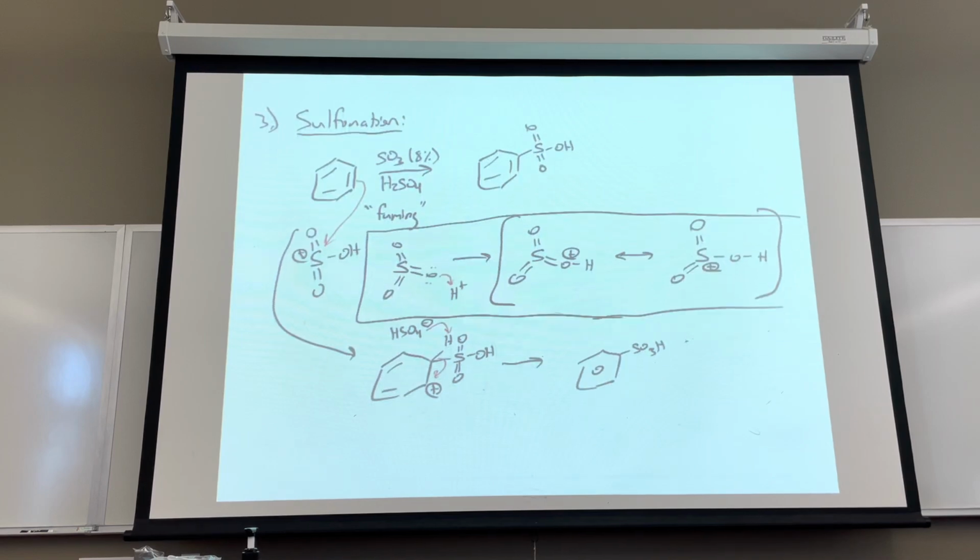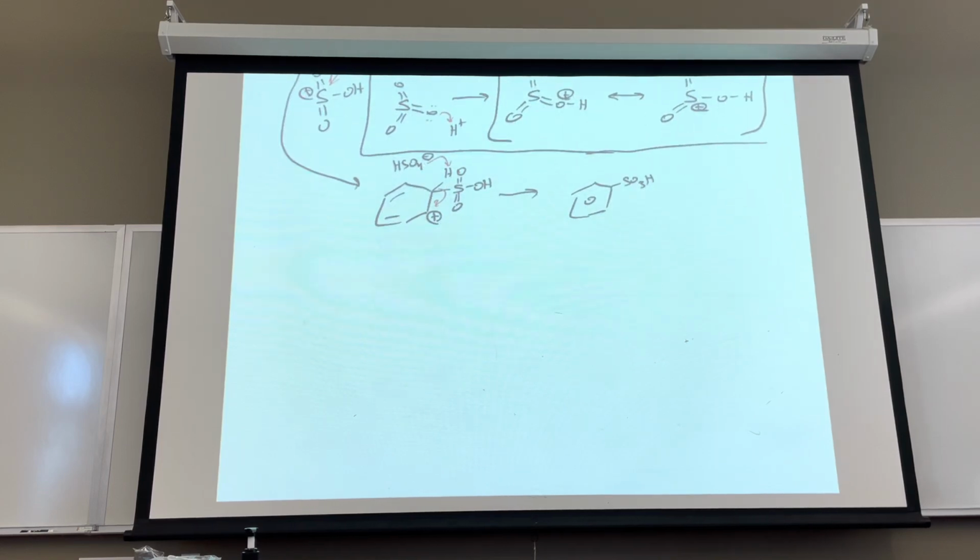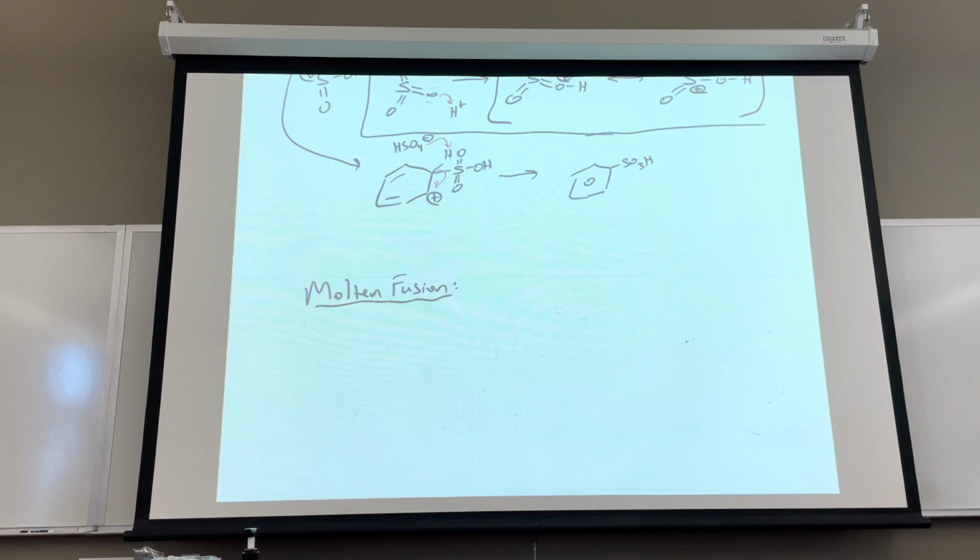But what we're going to be using them for in a synthetic sense is we can take them and subject them to something that's called molten fusion. And what that does is you take the benzene sulfonic acid, and you put it in liquid sodium hydroxide.